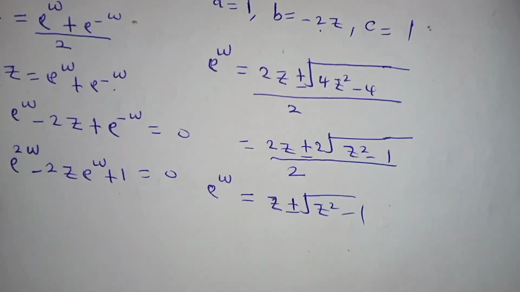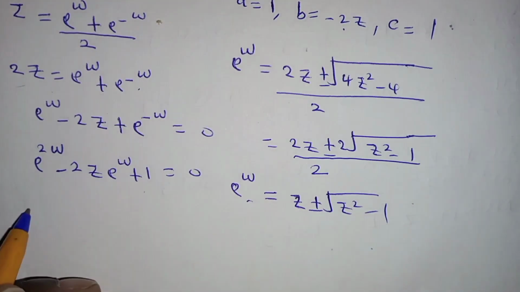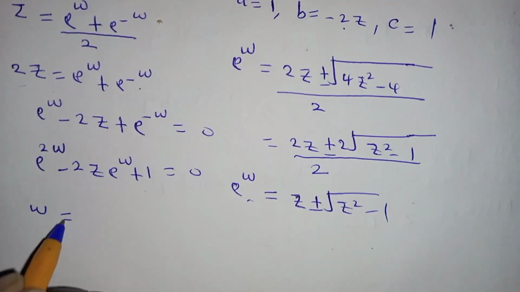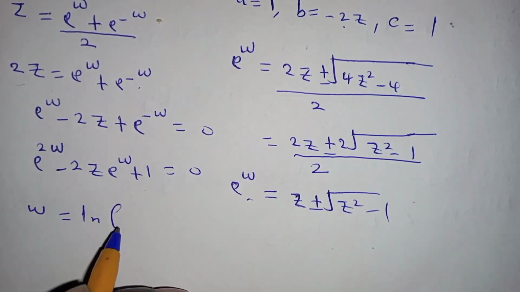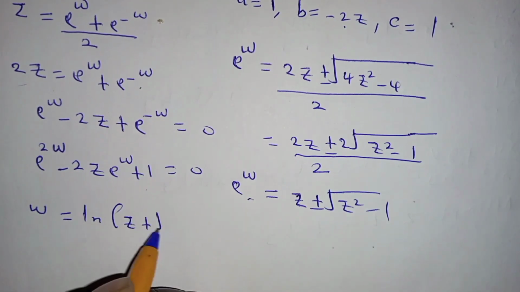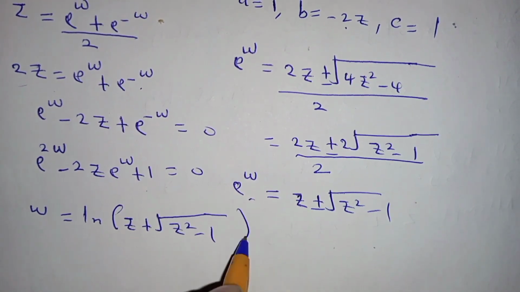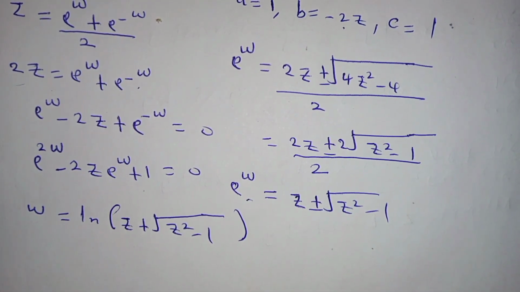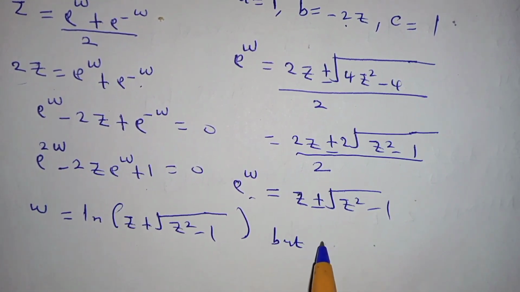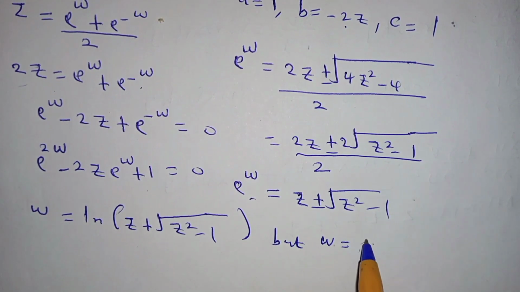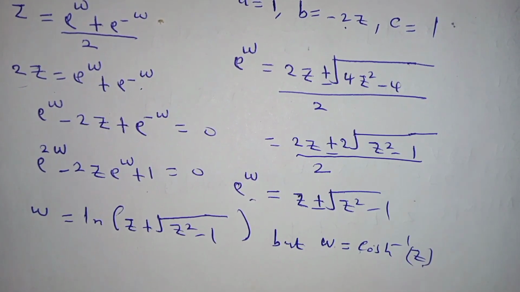So at this level, you can take a logarithm on both sides so that you get w is equal to the natural logarithm of z plus the square root of z squared minus 1. But we let w be equal to the inverse hyperbolic cosine of z.